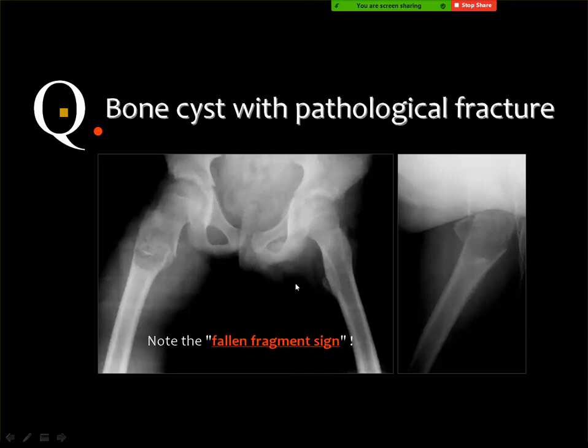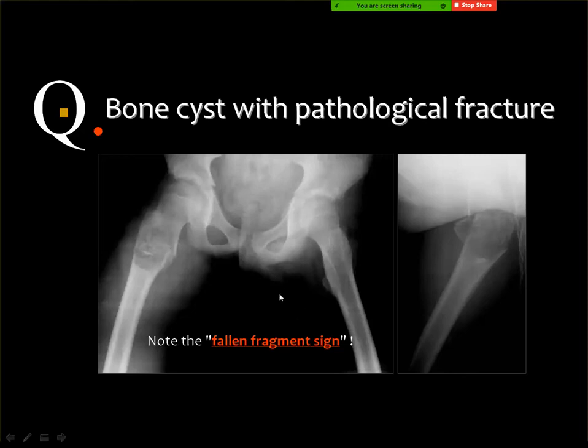But you should remember one important sign: whenever the simple bone cyst is fractured and you get hemorrhage inside the cyst, this hemorrhage will form a fluid level inside the cyst. Then on MRI, if you see a fluid level, you may mistake this cyst for an aneurysmal bone cyst.